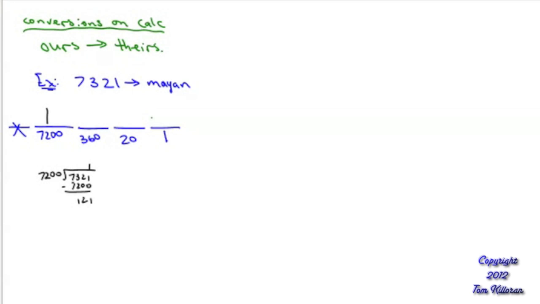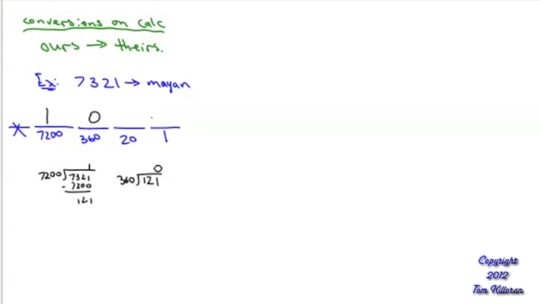Where does the 121 go? It gets divided by the next place value, which is 360. Does 360 go into 121? The answer is no, so it goes in 0 times, with a remainder of 121. So I put a 0 here. There are 0 360s in this number.